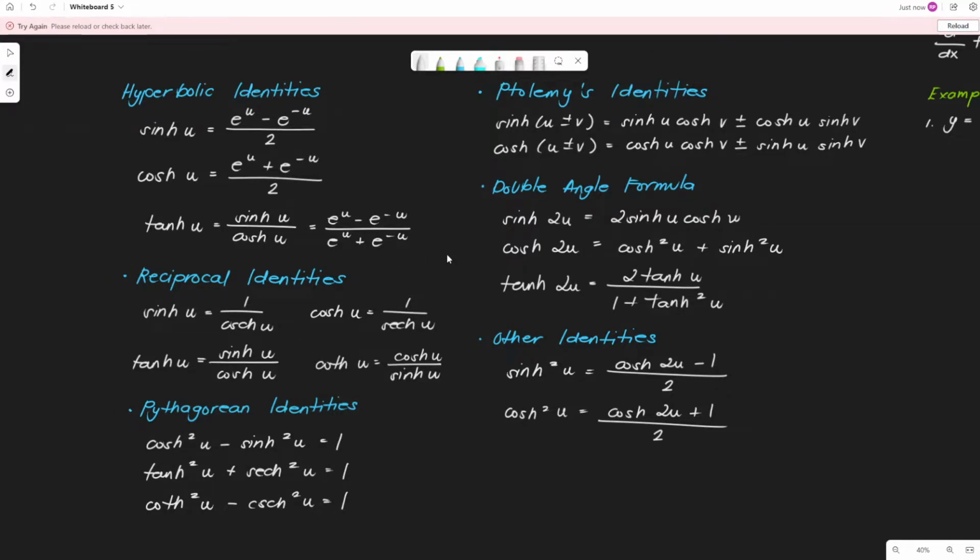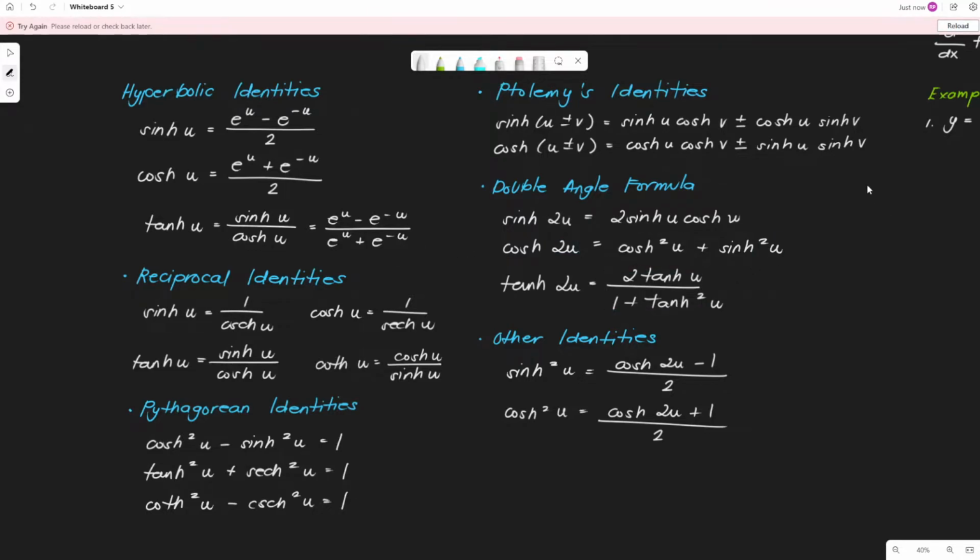In the next topic, we will better understand what Euler's constant is. Then we have cosh u is equal to e^u plus e raised to negative u over 2, and so on and so forth. You can pause the video and copy this so you can remember it. I presume you have already copied.